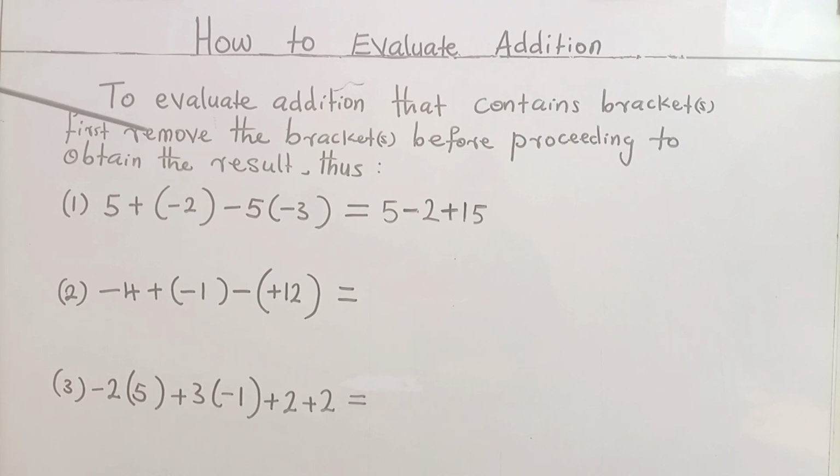Now, we have it that minus 5 is written just before this bracket. That minus 5 bracket minus 3 simply means the negative of owing 3, 5 times. So we first get the value of owing 3, 5 times.